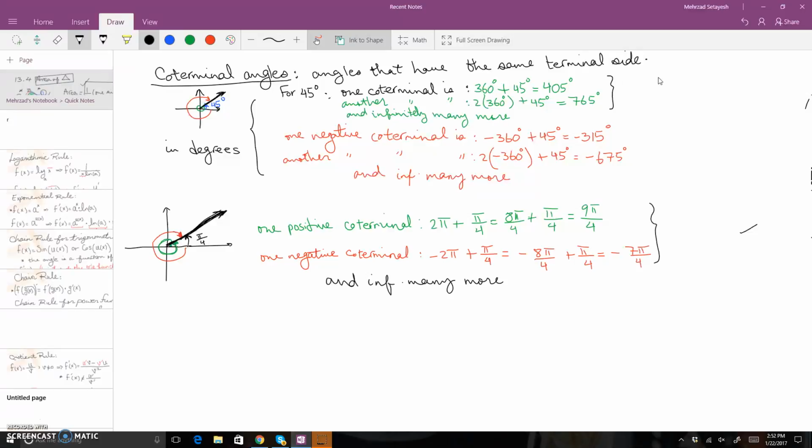Let me draw it more clearly here. So this is the terminal side that we want to get to. Therefore, I finish one full revolution, which is 360 degrees. And then from here, you see in the calculation that I say plus 45 degrees. Why plus 45 degrees? What tells us if we are adding or subtracting?